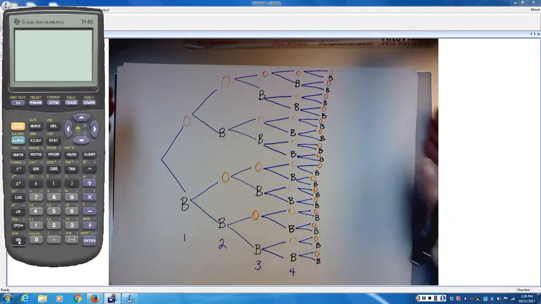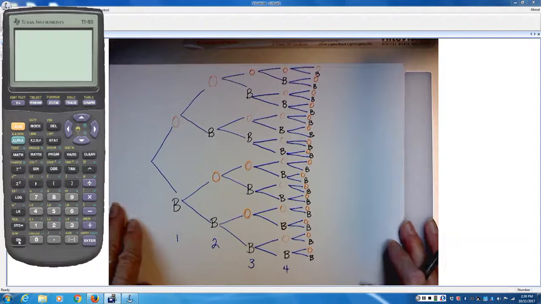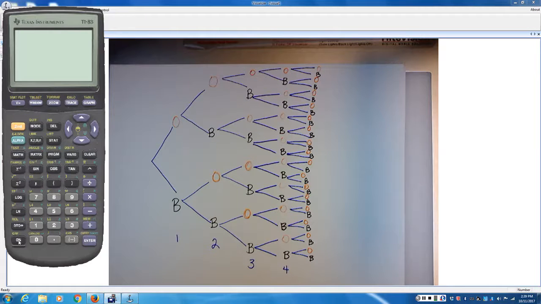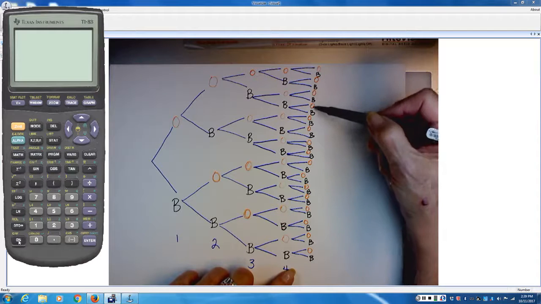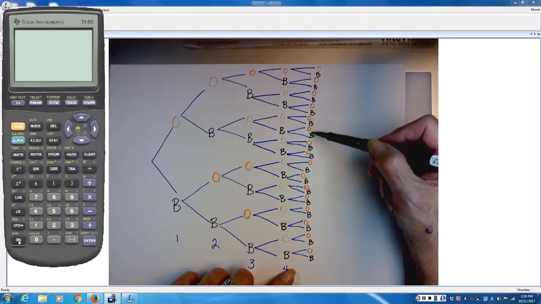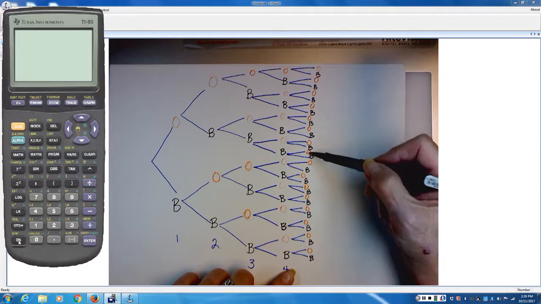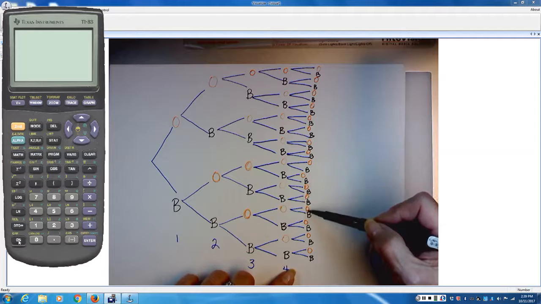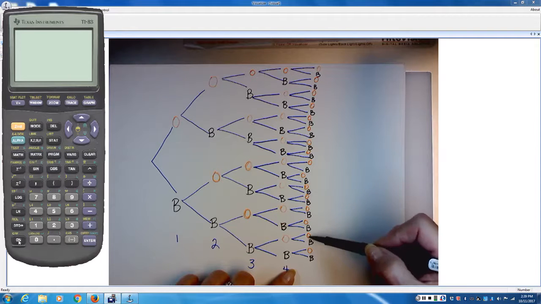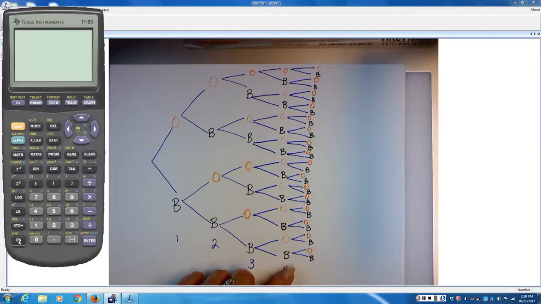Now, the advantage to the tree diagram is that I can actually list out every single possible handful. But I know that there are 1, 2, 3, 4, 5, 6, 7, 8, 9, 10, 11, 12, 13, 14, 15, 16, 17, 18, 19, 20, 21, 22, 23, 24, 25, 26, 27, 28, 29, 30, 31, 32 different handfuls.